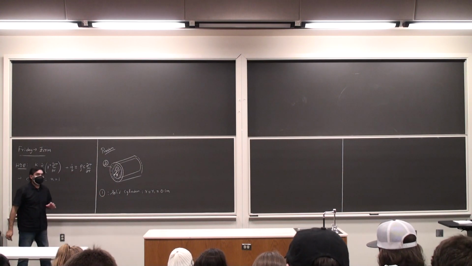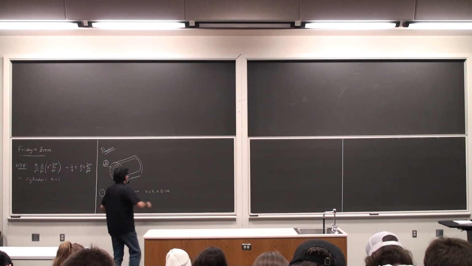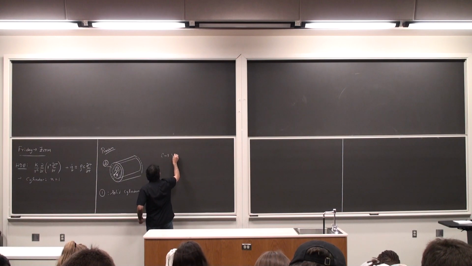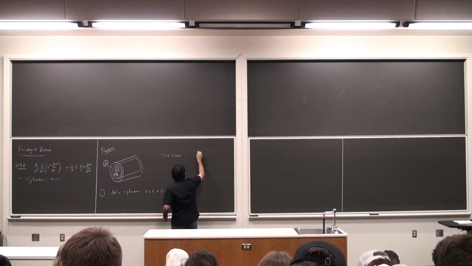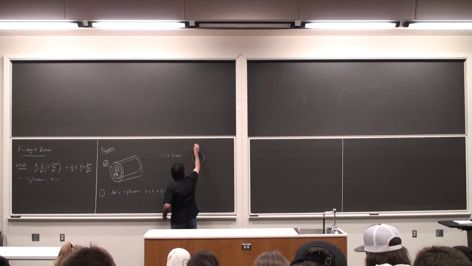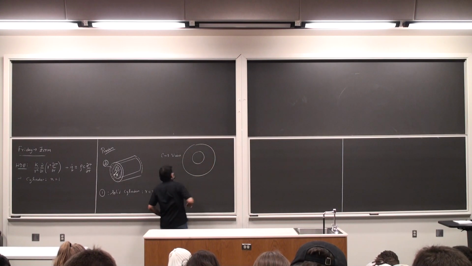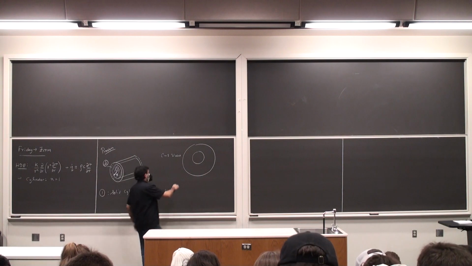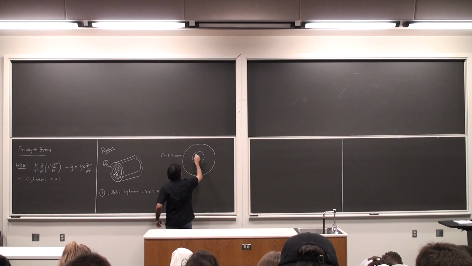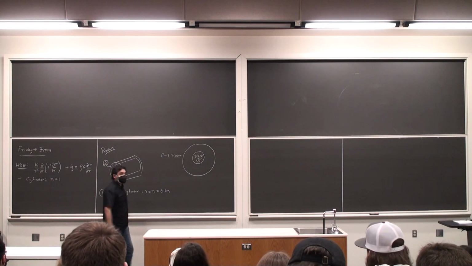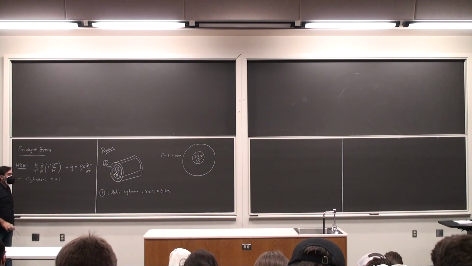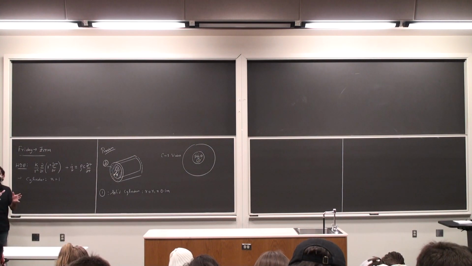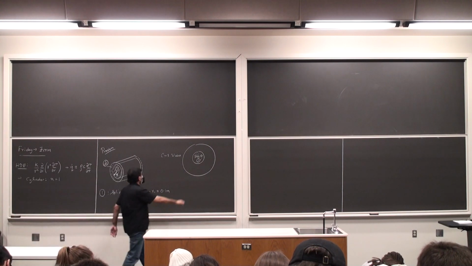And I'm going to draw the cross-sectional view of this. So I'm going to have the solid cylinder which is there in the center, approximately. This is cylinder 1. Then I'm going to have this annular ring that is surrounding the solid cylinder.